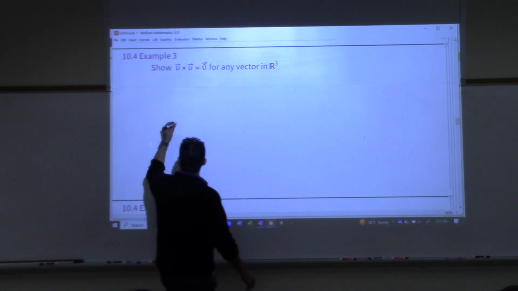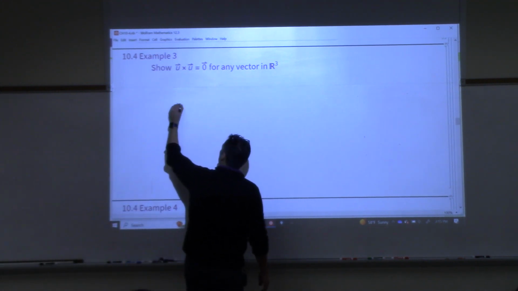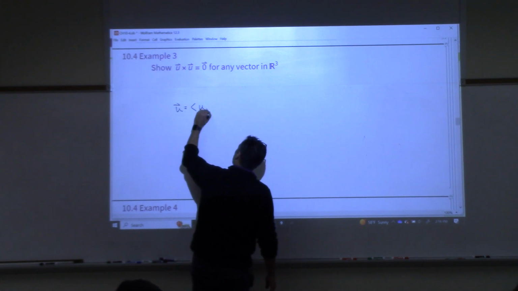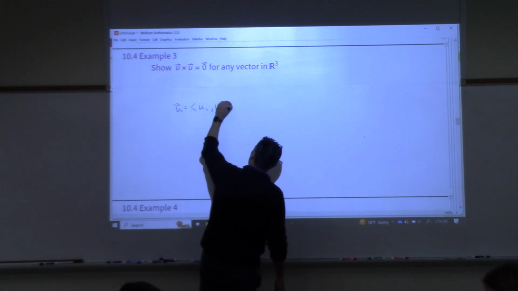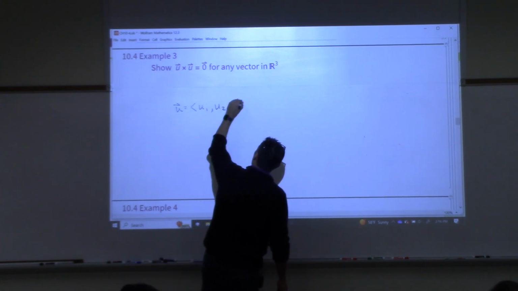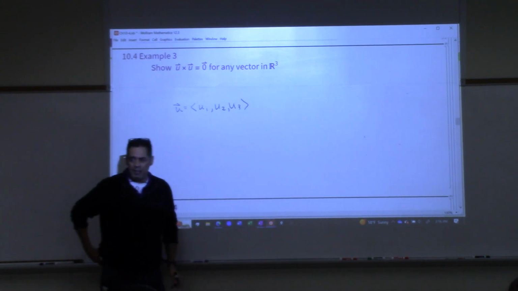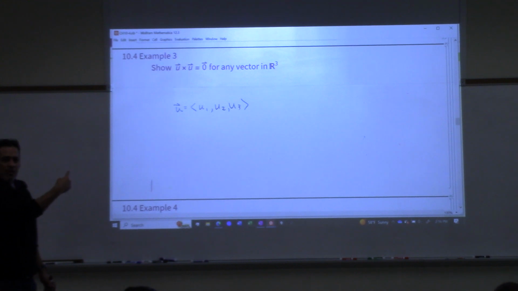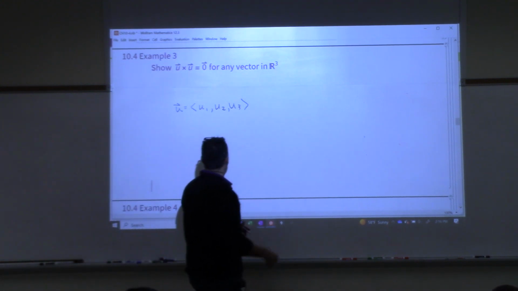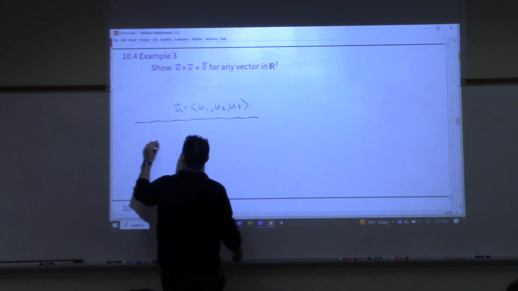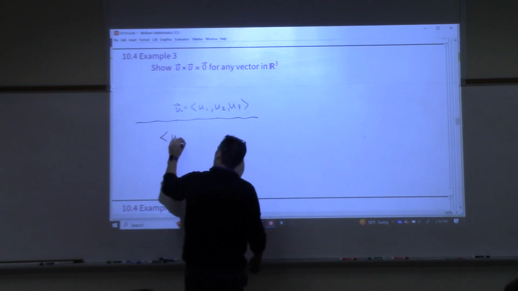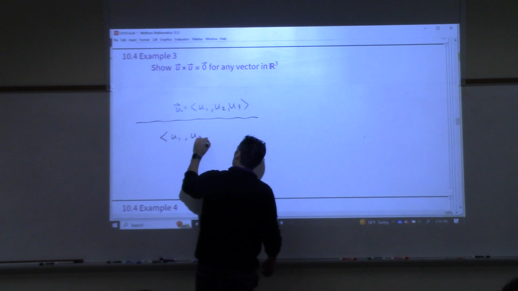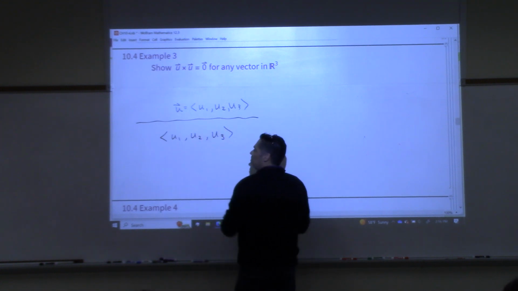So here's what I'm going to do. I'm going to start by defining u to be a three-dimensional vector, u1, u2, u3, just like I did earlier when I did v1, v2, v3. And now I'm going to cross it with itself. So following the procedure that I just gave you, I would take that vector u1, u2, u3 and write the vector down.